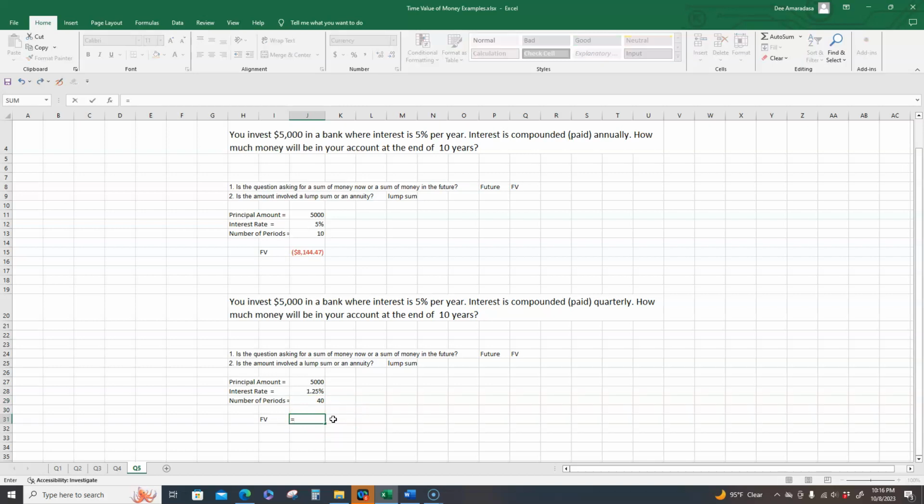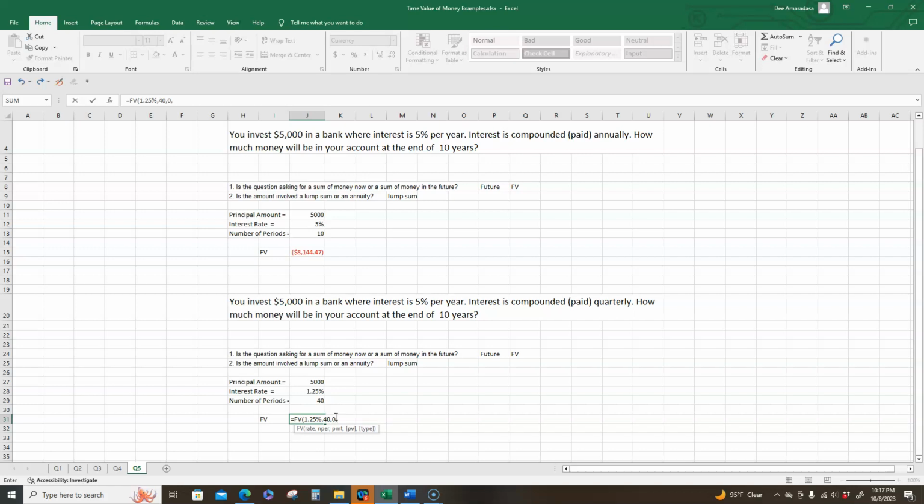Now, we're still looking at future value, so we're going to use a future value formula. We're going to say equal future value, open parentheses. We're going to start with rate. In this example, what's our rate? It's 1.25%. What is our number of periods? In this example, it's 40. What is our payment? We don't have one, so we have 0.